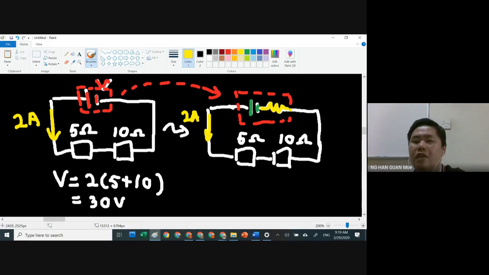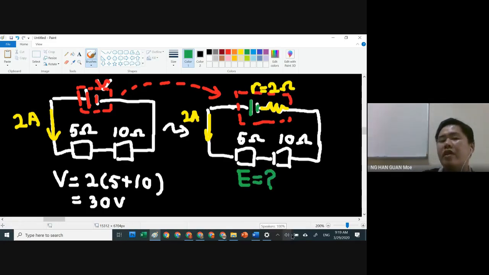So now, if I tell you the internal resistance is 2 ohm. Internal resistance equal to 2 ohm. May I know how much is the EMF of the circuit? This power supply, the EMF of this power supply.